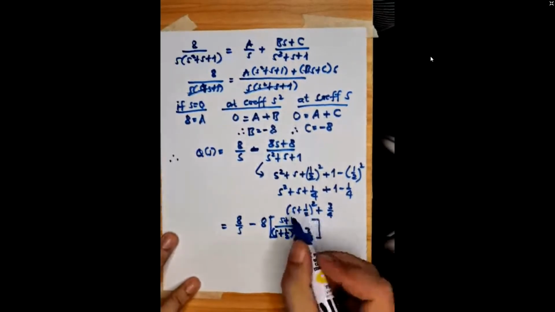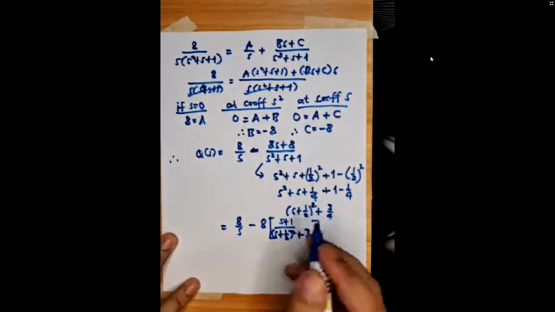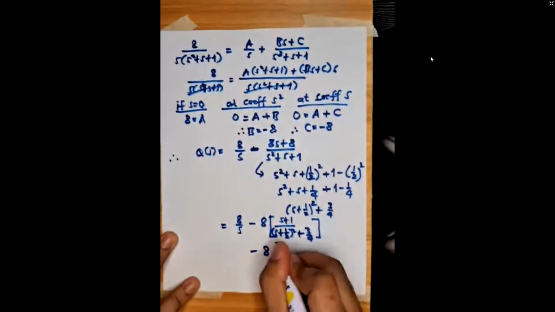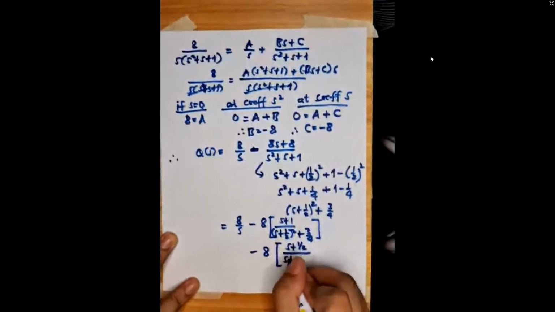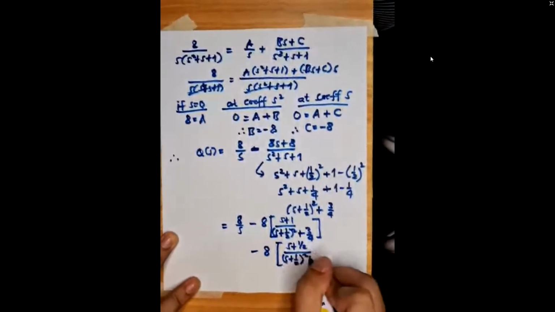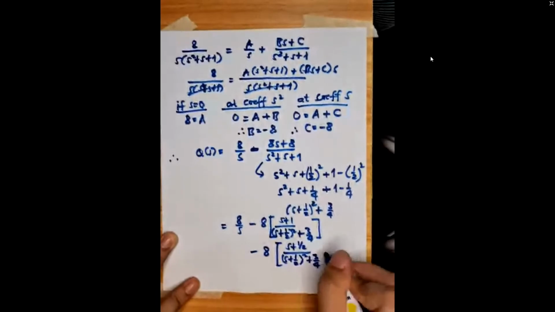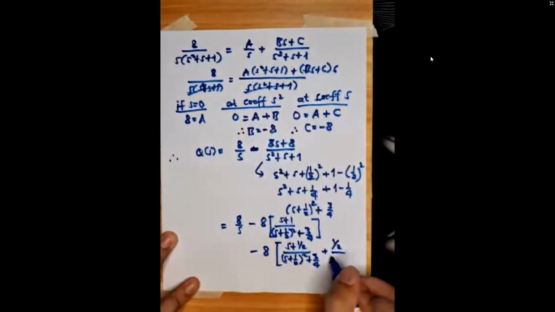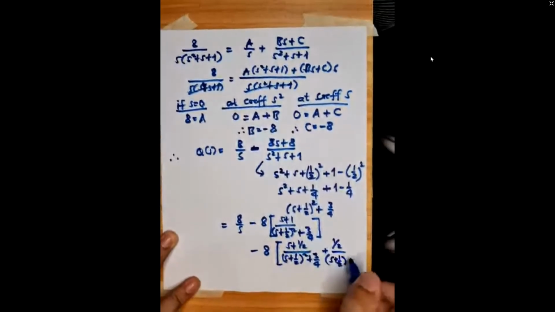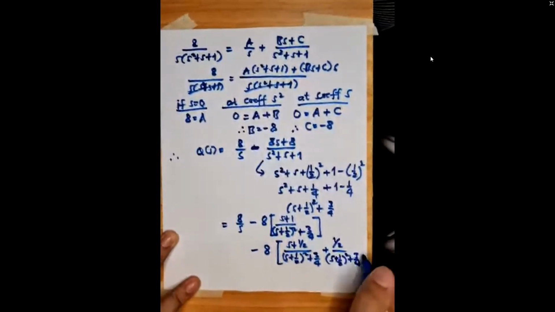So, kailangan ko ng 1/2 dito sa taas. So, magiging negative 8 times s plus 1/2 over s plus 1/2 squared plus 3 over 4 plus 1/2 over s plus 1/2 squared plus 3 over 4.